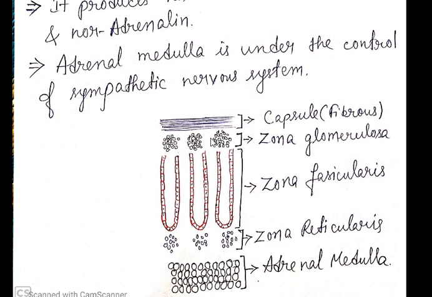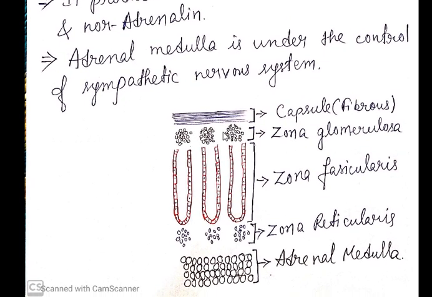This is the diagram we can get if we see the adrenal gland under the microscope. These are the different layers. It's a schematic diagram to make you understand the different layers properly. The first layer is the fibrous capsule, which acts as a protective layer. Then the cortex region starts, which includes three zones: zona glomerulosa, zona fasciculata, and zona reticularis.